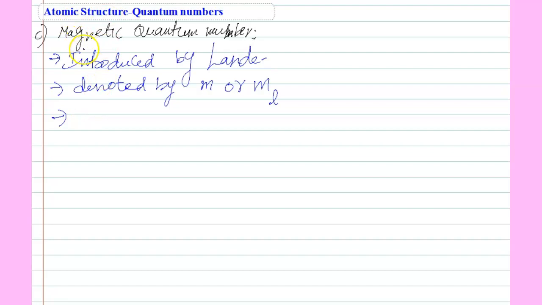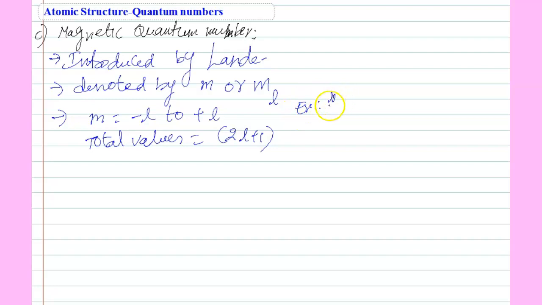The m values are minus L to plus L including 0. So the total number of values possible is 2l plus 1.